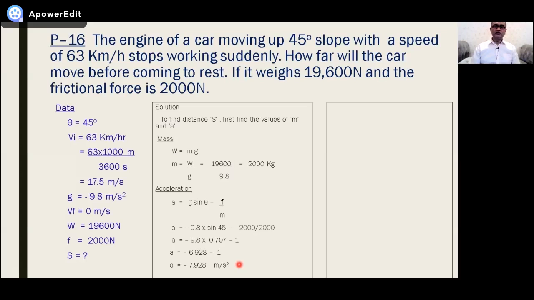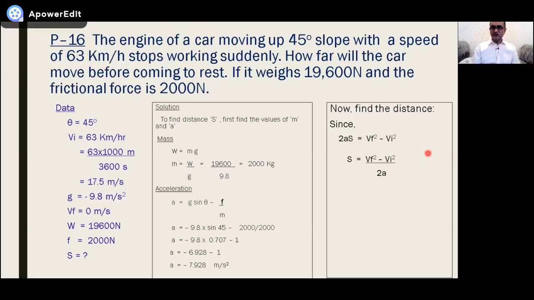Now, as we did earlier, using the third equation of motion, we'll find the distance. 2as is equal to vf square minus vi square, making s the subject.